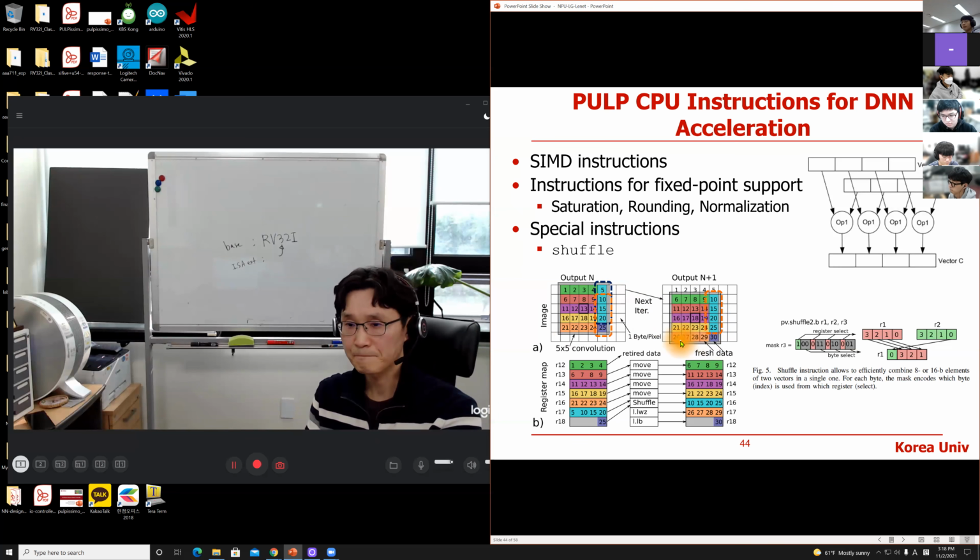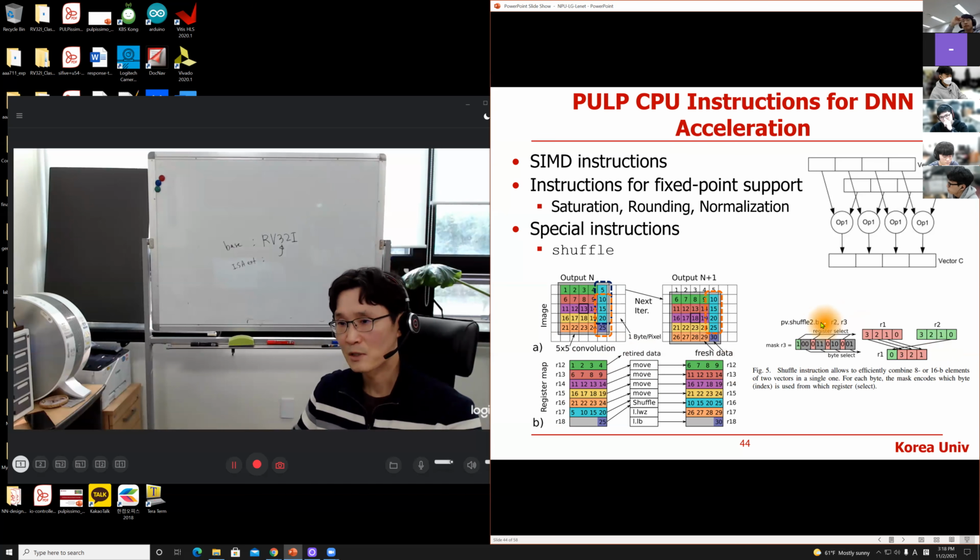Somehow they want to efficiently arrange the data you want to process. The shuffle instruction efficiently rearranges data. So from here, CPU register R12, to here, using the shuffle instruction, you can create that data. Details you can probably take a look at in this paper.